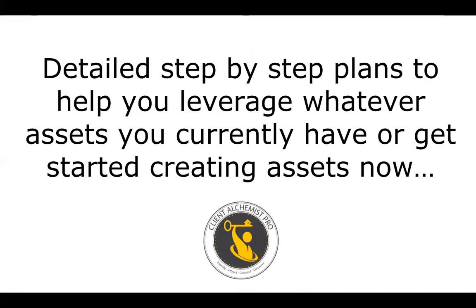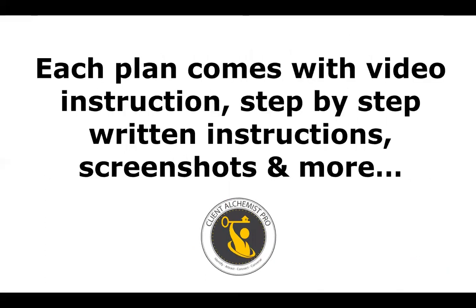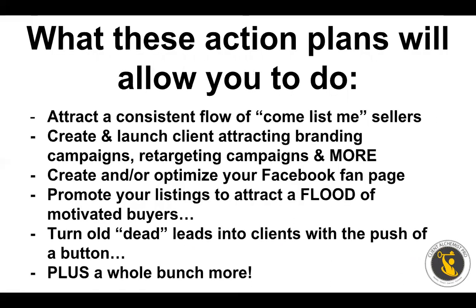Number one, the complete library of action plans. These are detailed step-by-step plans to help you leverage whatever assets you currently have or get started creating assets right now. They come with video instructions, step-by-step written instructions, screenshots, and more.